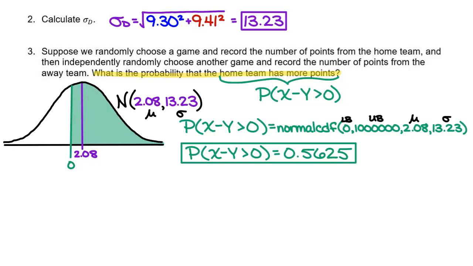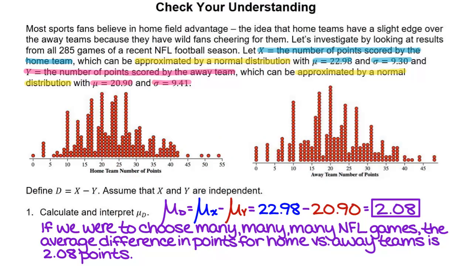All right. Nicely done. What questions do you guys have for me? Yes. How do you know question 3 is asking for a normal distribution? So back here in the question stem, it said that x was approximately normally distributed and y was approximately normally distributed. And we are talking about combining these together through subtraction right here.